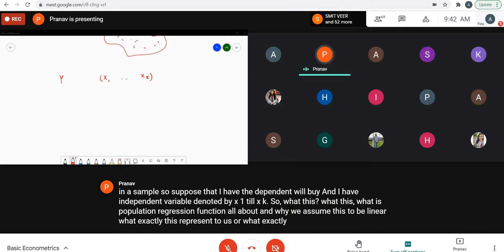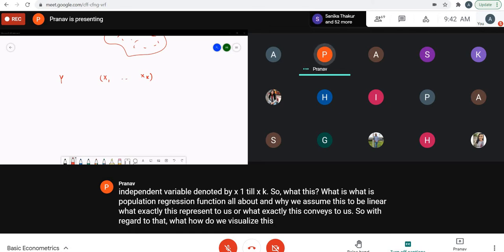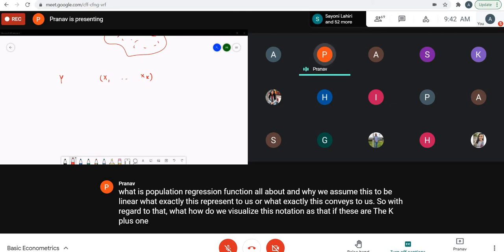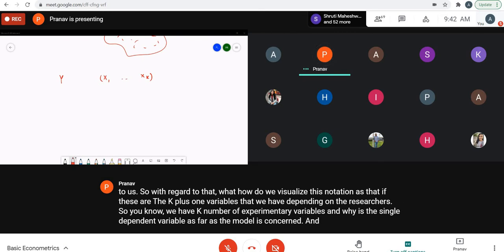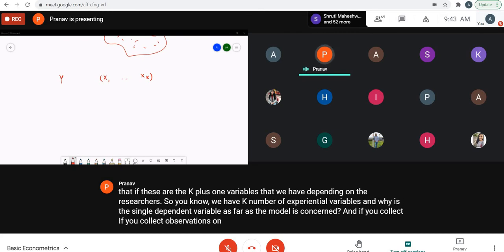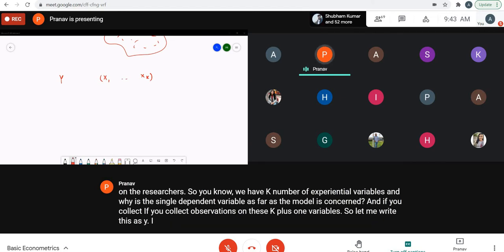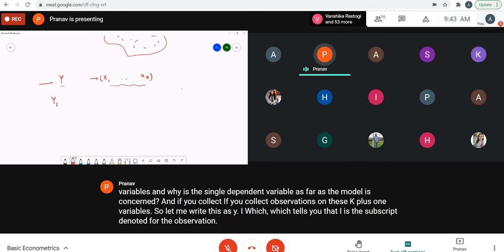Let us visualize this notation: we have k plus 1 variables, with k number of explanatory variables and y as the single dependent variable. If you collect observations on these k plus 1 variables, let me write this as yi, where i is the subscript denoting the observation. And let us say you collected a sample consisting of n observations.